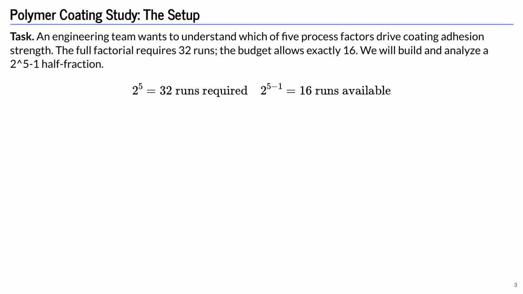A full 2 to the 5 factorial would require 32 runs. Their budget allows exactly 16. So they are going to run a 2 to the 5 minus 1 half fraction, half the full factorial, 16 runs, 5 factors. Every concept we introduce today will be illustrated with this study.